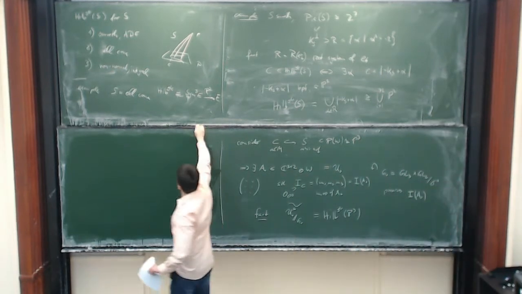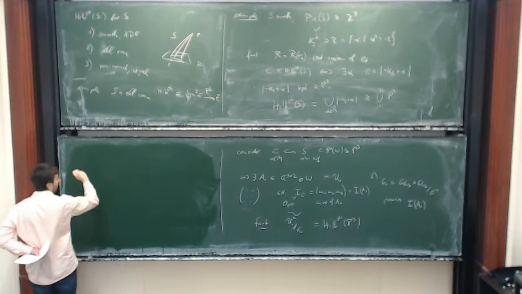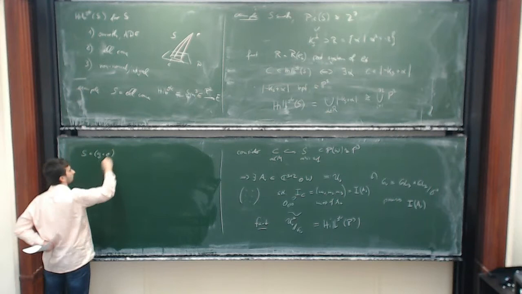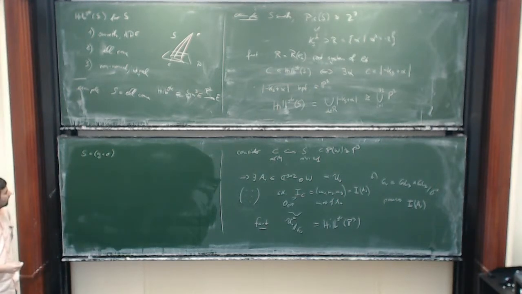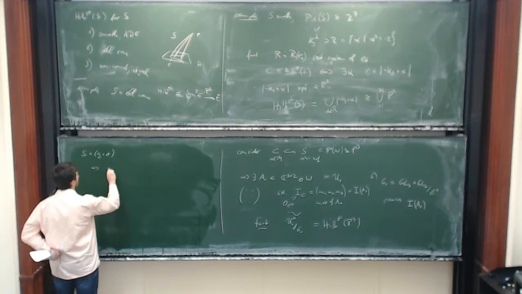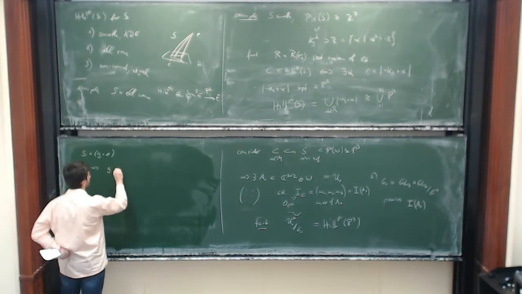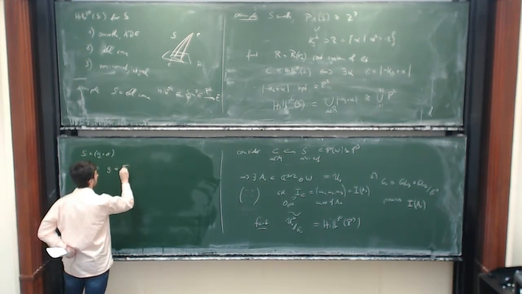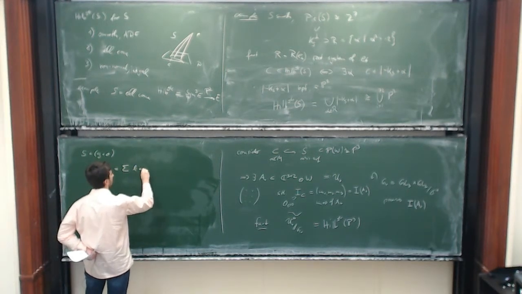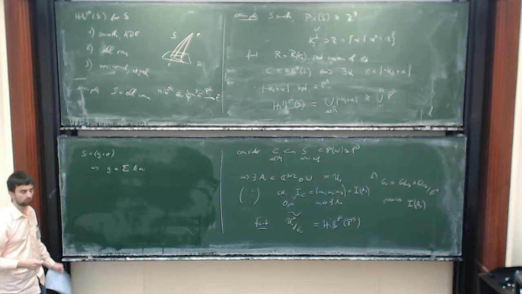And now if in this situation the cubic surface S is given by the zero set of the cubic polynomial G, then we can write G as a sum of Li Mi, where the Li are certain linear forms.